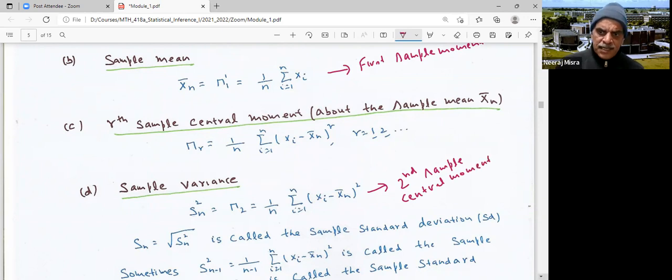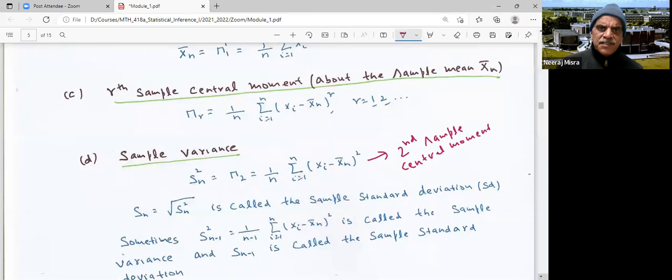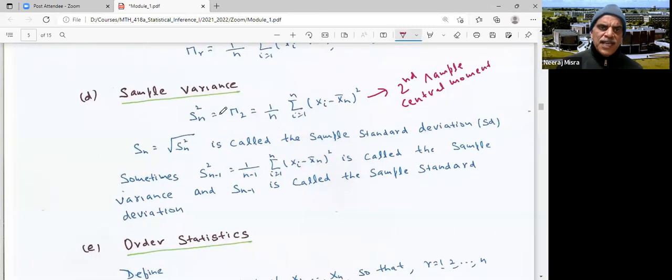Then there's the notion of standard deviation, which is the positive square root of variance. So Sn, which is the square root of Sn square, is called the sample standard deviation. Now you may notice that in certain books, the sample variance is defined with a multiplier 1 upon n minus 1, not 1 upon n.